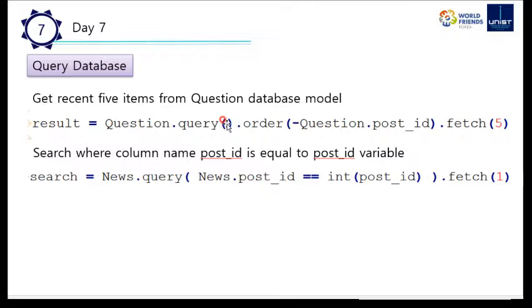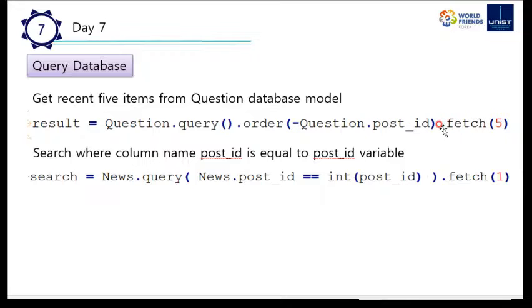And dot order means when you want to order the result in the backward or the normal way. Usually when you want to get the result in the backward order, you put this negative sign, and this is the column name. So this means to get the result on post IDs backward.